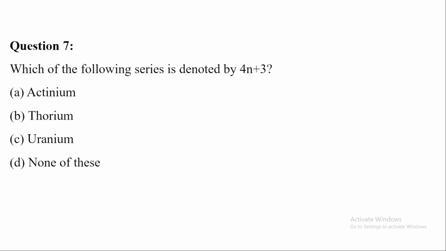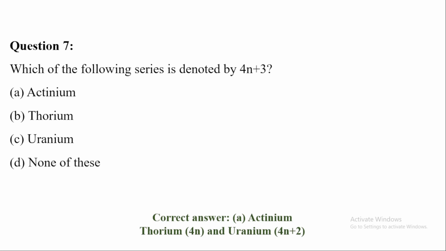So in the following series, actinium is actually denoted by the 4n plus 3 series, thorium is denoted by 4n and uranium is denoted by 4n plus 2. The mass number for actinium is 227.